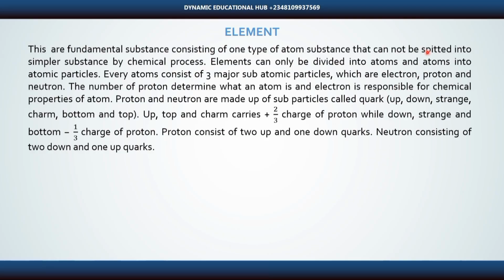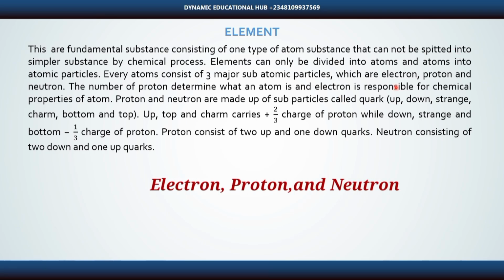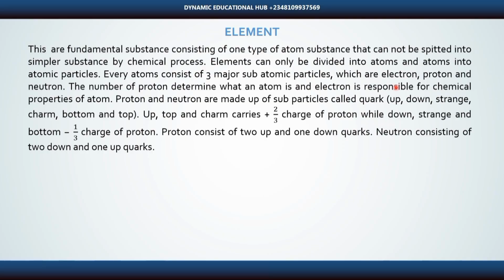Here we have three subatomic particles, which are electron, proton, and neutron. Now for proton, the number of protons present in an atom will make the atom special. What do I mean? When we are talking about the peculiarity of an atom, the difference between one atom and the other, we are talking about the number of protons present in those atoms.